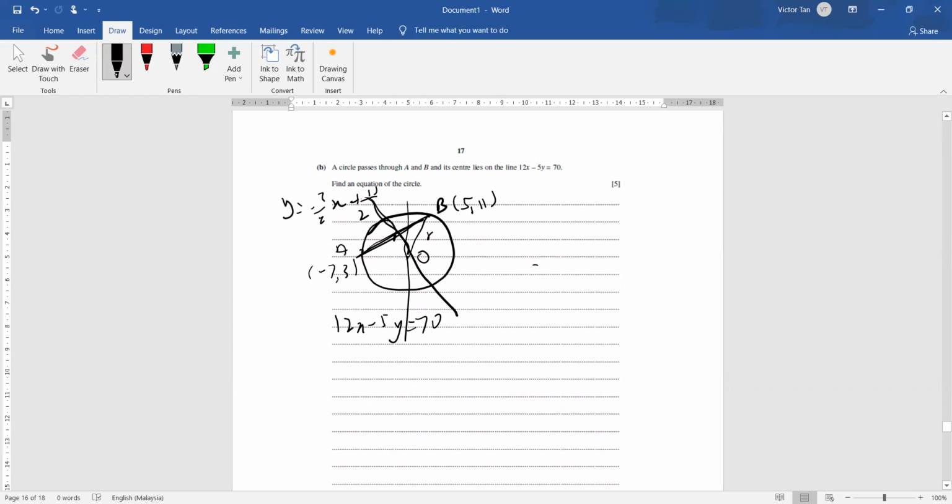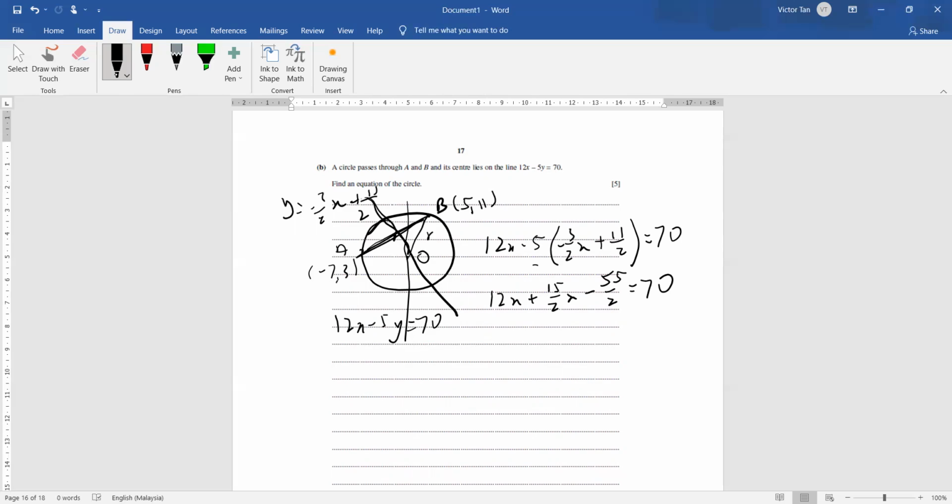So substituting y, 12x minus 5 times minus 3 over 2 x plus 11 over 2 equals 70. 12x plus 15 over 2 x minus 55 over 2 equals 70.